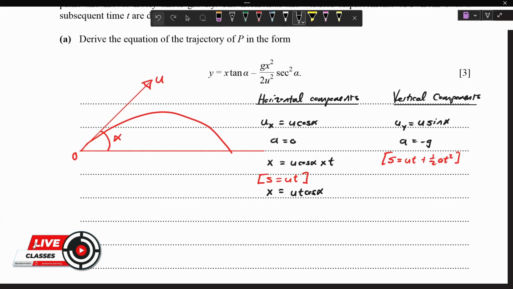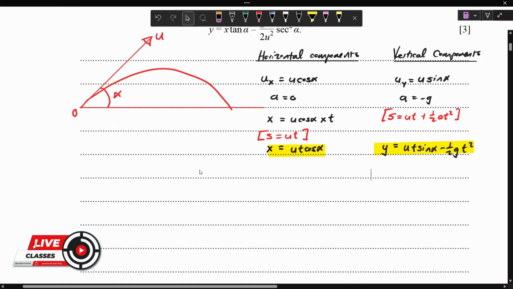So we're going to say y is equal to ut, which is going to be ut sine alpha. And for half a, that's going to be minus half g of t squared. All right. So we now have the horizontal and vertical displacements of the particle after time t.